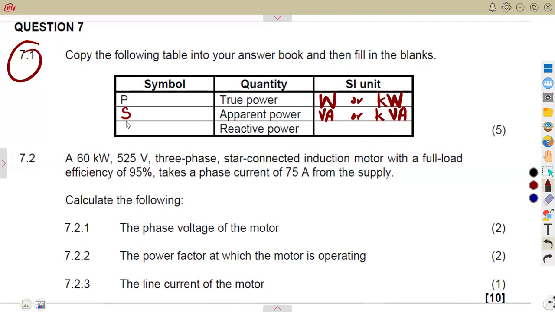What about the reactive power? That is Q, and this is measured in volt ampere reactive, or that is the kilovolt ampere reactive. So we're going to have the R there representing the reactive power.